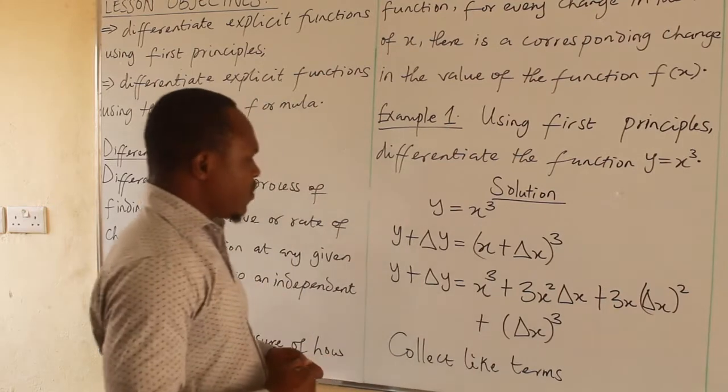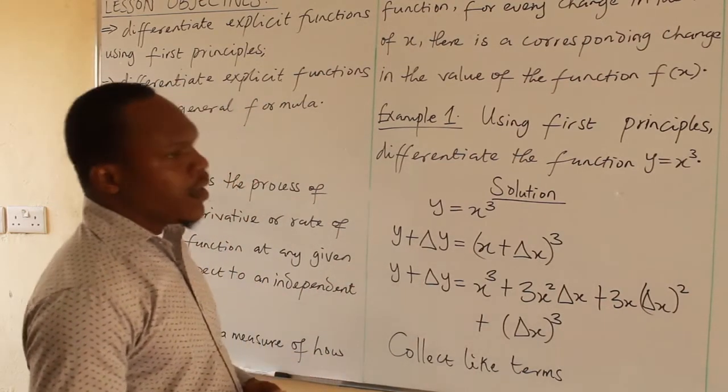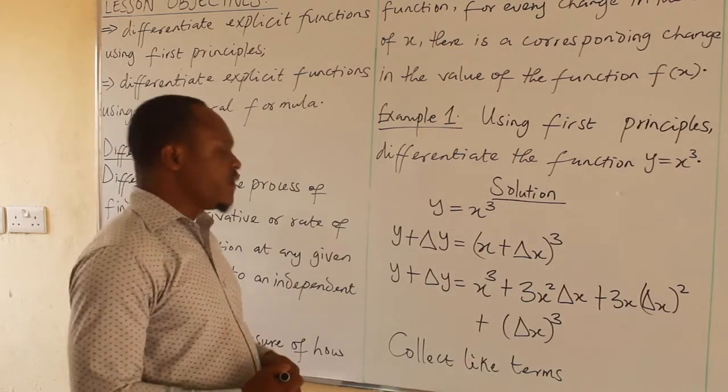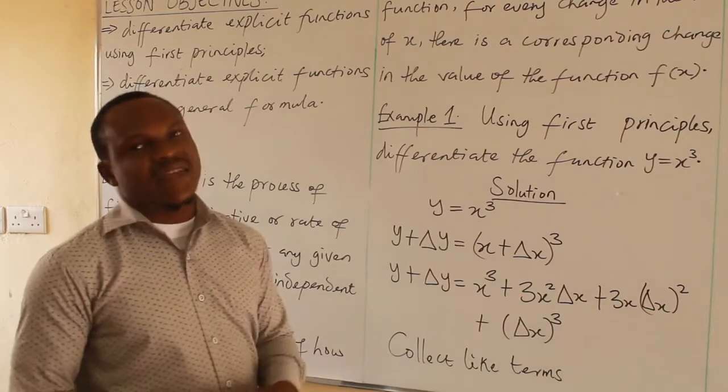If you observe, we have y plus delta y, but we are looking for the derivative of the function. So we need just delta y on the left hand side of the equation.